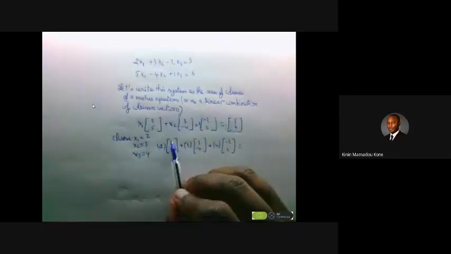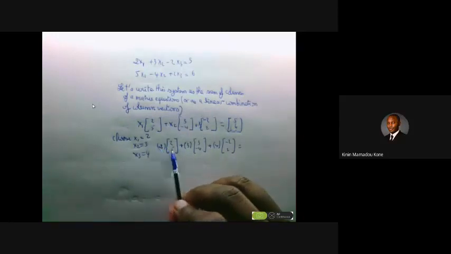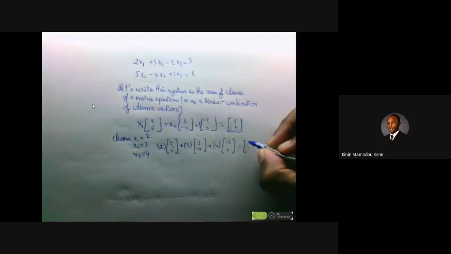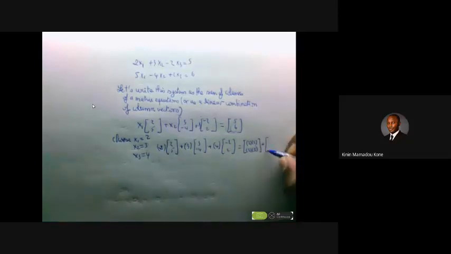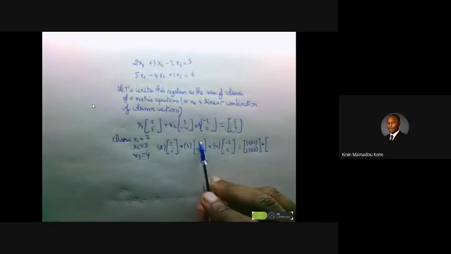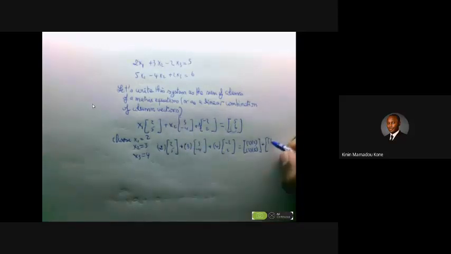So 2 times 2 is 4, and the 2 is also multiplied by the 5, which gives 10. So here I have 2 times 2 and 2 times 5. That's the first one. Plus the second one: 3 times 3 is 9, and 3 times negative 4 is negative 12.